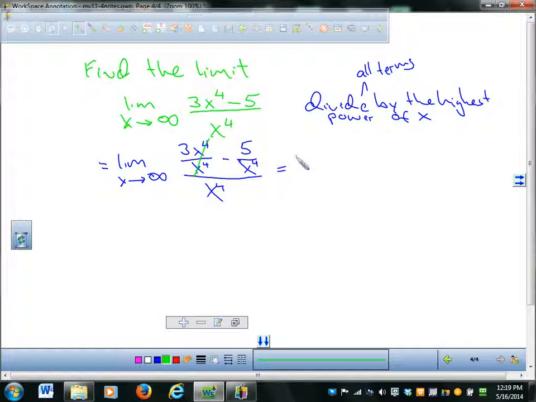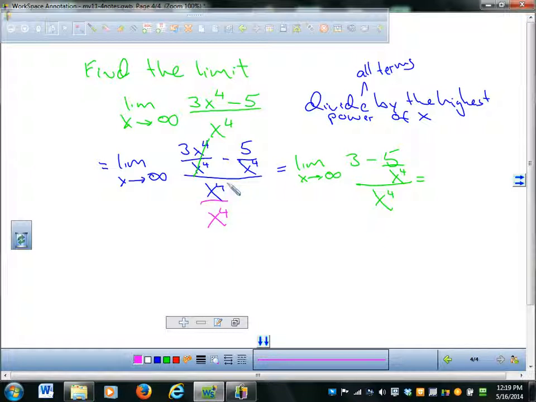So I get that's equal to the limit as x goes to infinity of 3 minus 5 over x to the 4th, over... oh, I forgot to divide the bottom by x to the 4th. I'm sorry. Okay? x to the 4th.